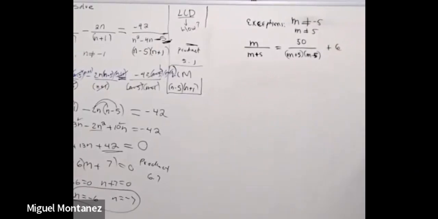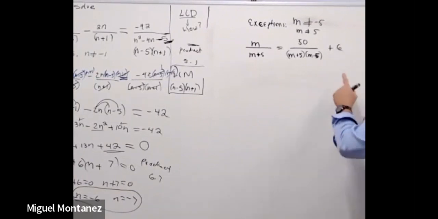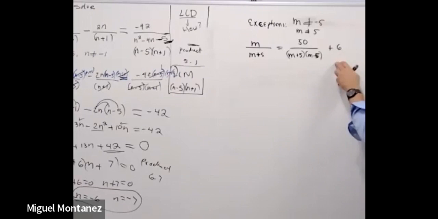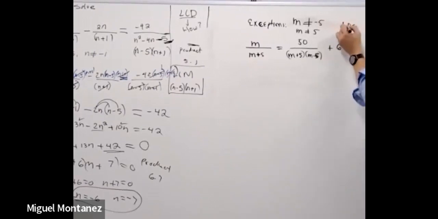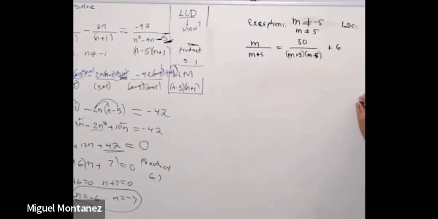When you move to college algebra, your professor will talk about the domain. But here in 1033, we talk about exceptions. Of course, this is 6 over 1, so we're safe there. The second thing I like to find is my LCD, which will be m plus 5 times m minus 5.